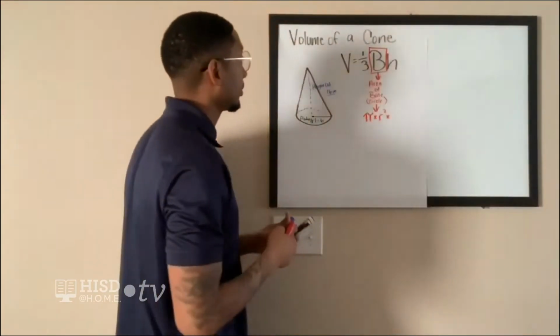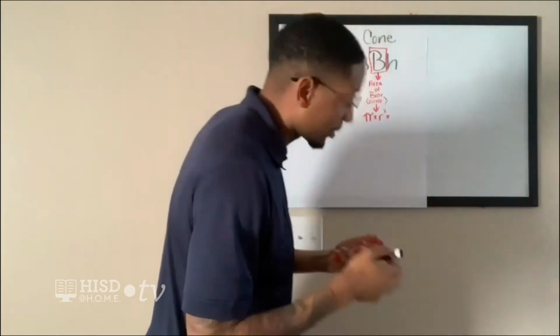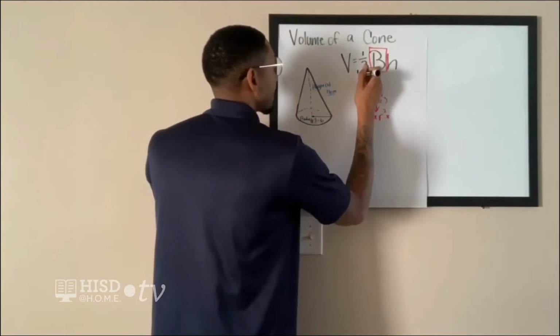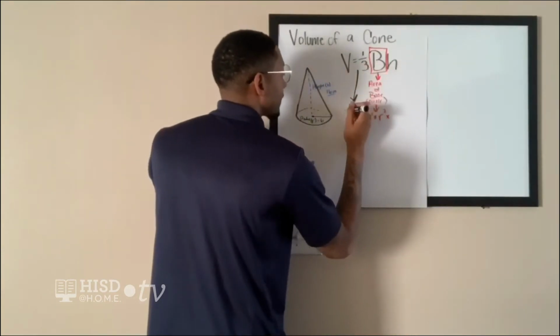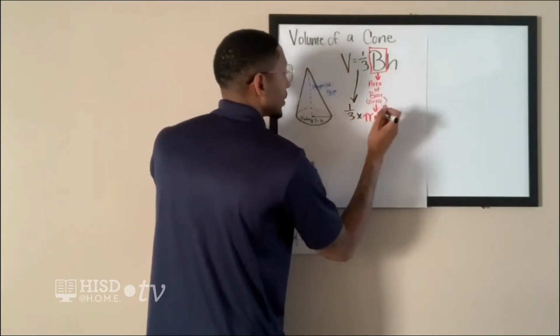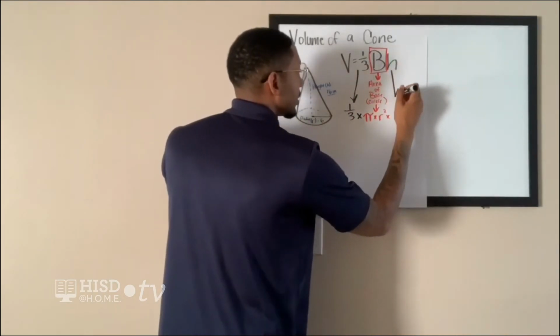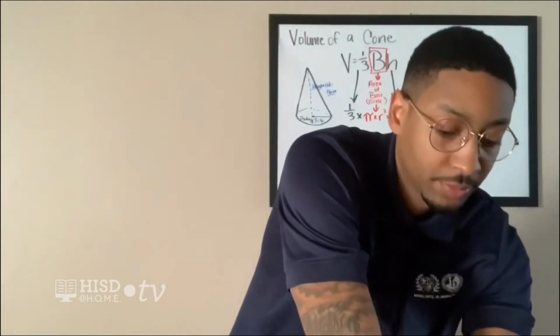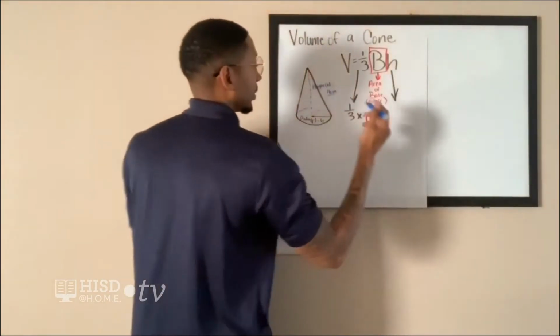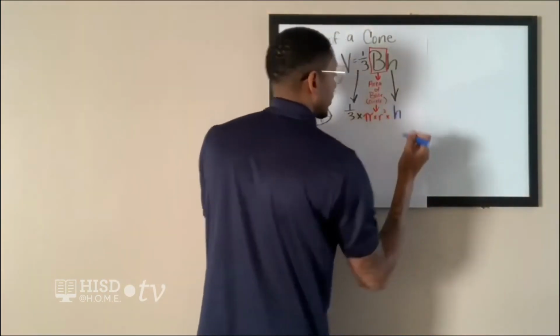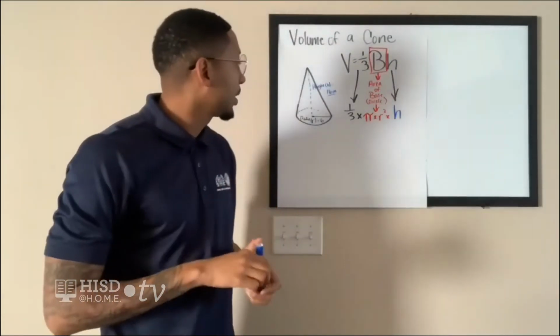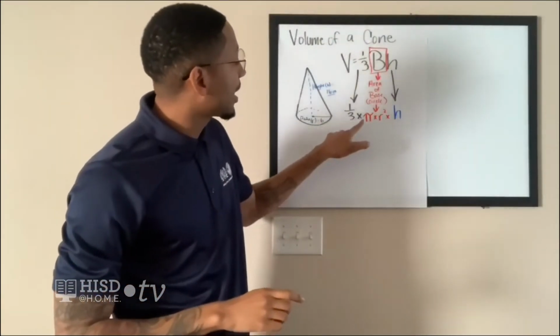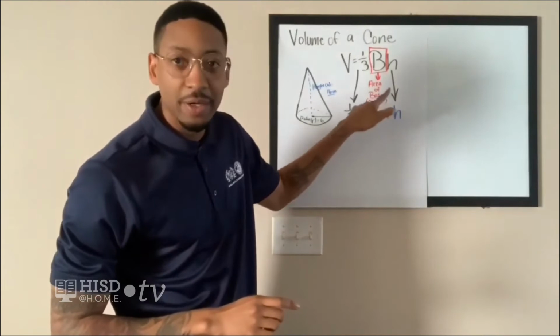We're gonna bring that 1/3 down, and I'm gonna do it in black, times the height, which is in blue. I'm gonna keep the color scheme going. All right. So now we have 1/3 times pi times the radius squared times the height.